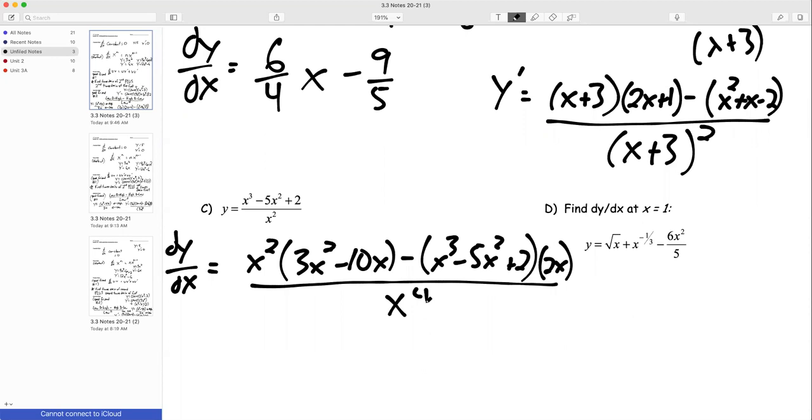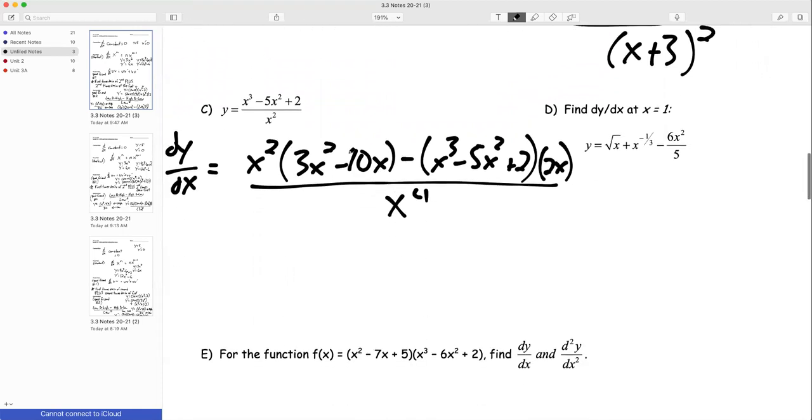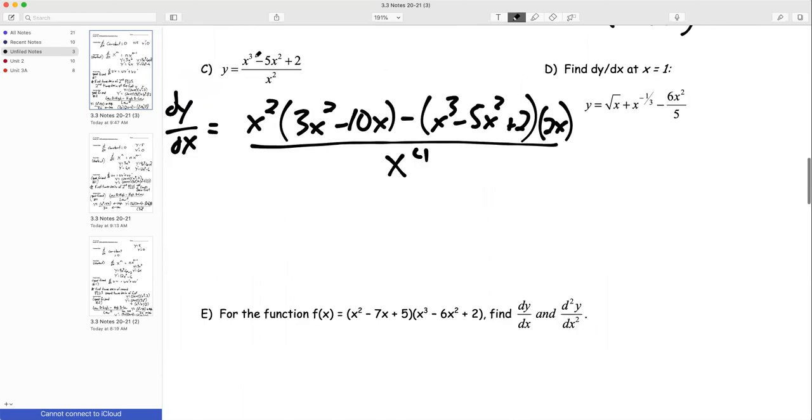Although there is another way, which might be helpful at times, so I wanted to show you that. How could I simplify this first? Well, I could break this up and write this as x cubed over x squared minus 5x squared over x squared plus 2 over x squared.